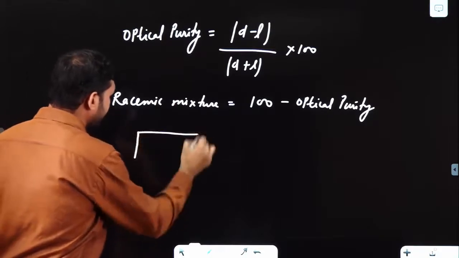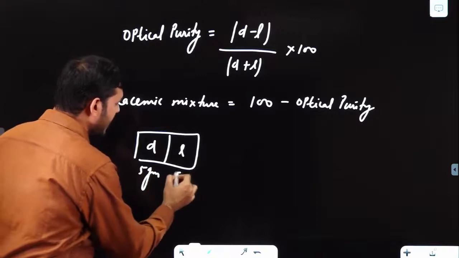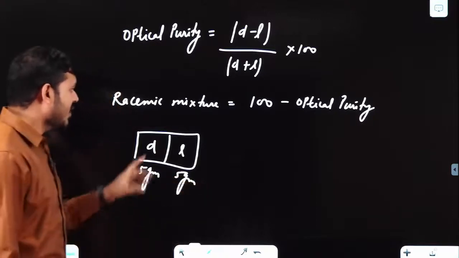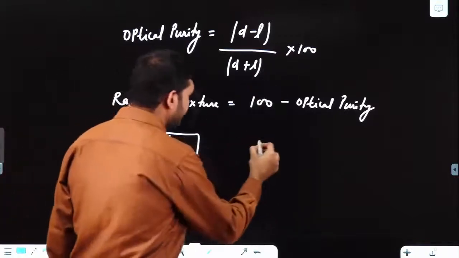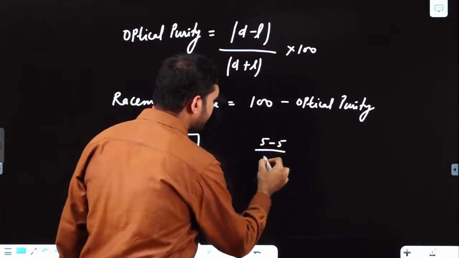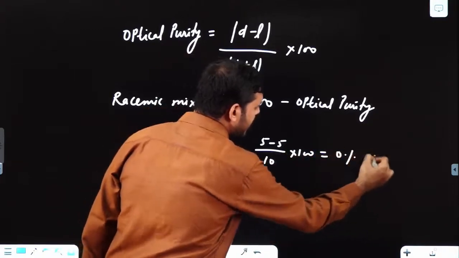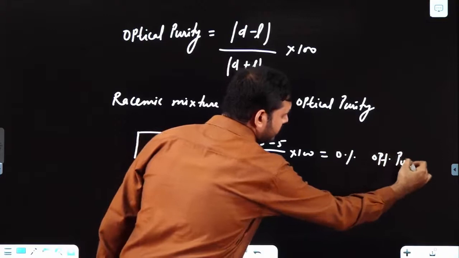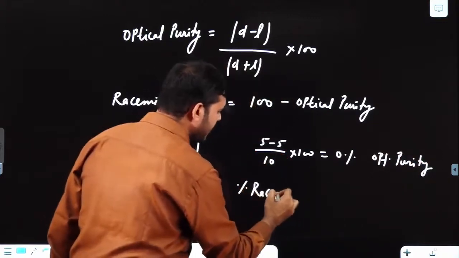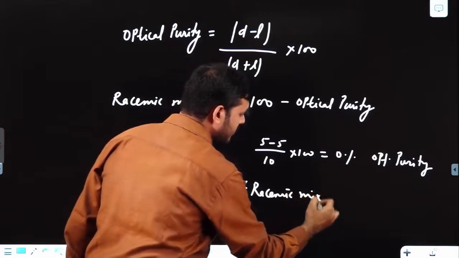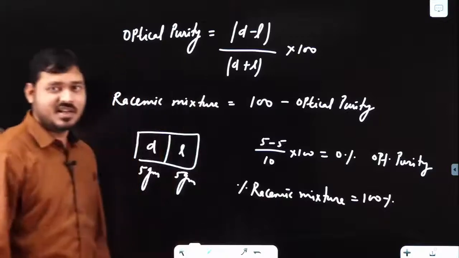See, if I say 5 gram of D and 5 gram of L, as we know, it is a racemic mixture, right? If I check by formula, 5 minus 5 by 5 plus 5, 10 into 100, it is simply 0% optical purity. Percent racemic mixture will be 100%. Clear to you all?